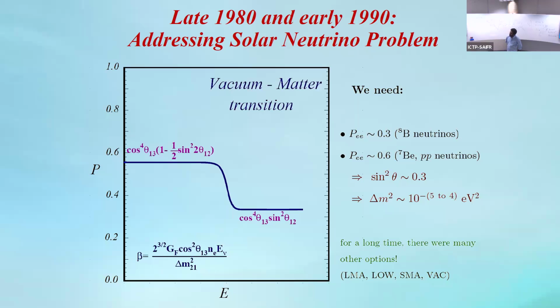So SNO, first of all, SNO sees all the flux adding up to one. That refutes many explanations. Because if you say nu_e oscillates to some sterile, it can explain the deficit, but it cannot explain the total flux sum adding up to one. So that's why the SNO result was quite important.